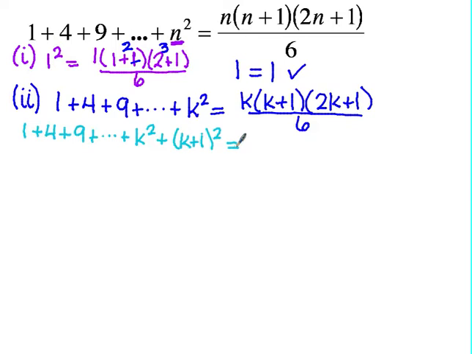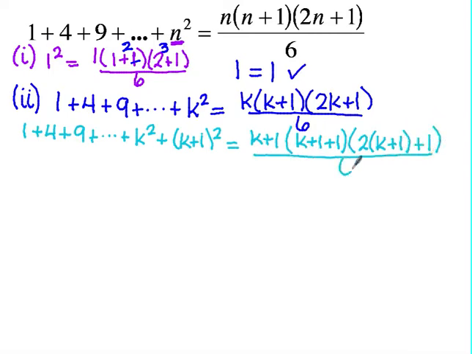Over here on the right, remember, wherever you see k, what are you putting in? K plus 1. So that'll equal k plus 1, then my parentheses, k plus 1 plus 1, and then my parentheses again, 2 times k plus 1 plus 1, all over 6. So wherever you see k in the blue, you're replacing it with k plus 1.